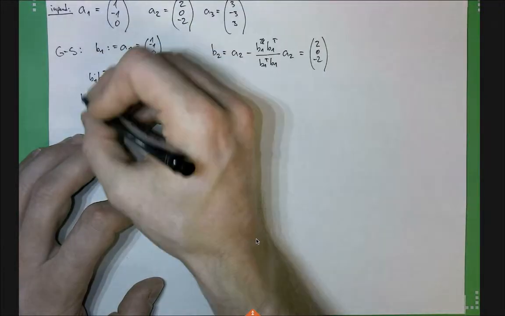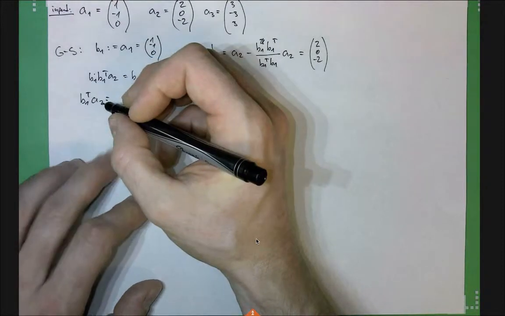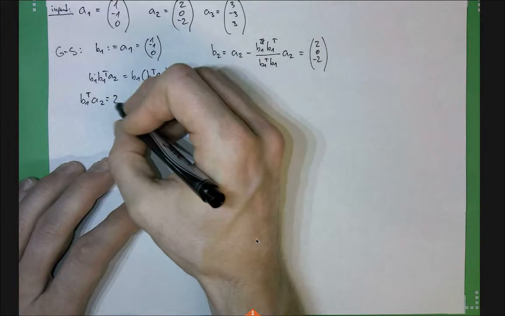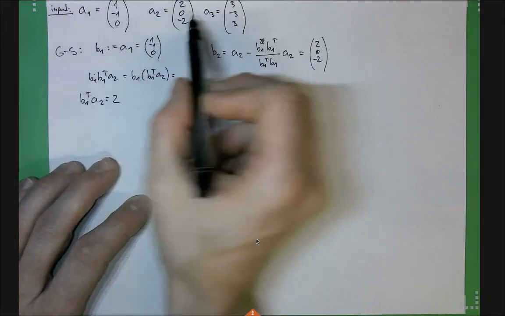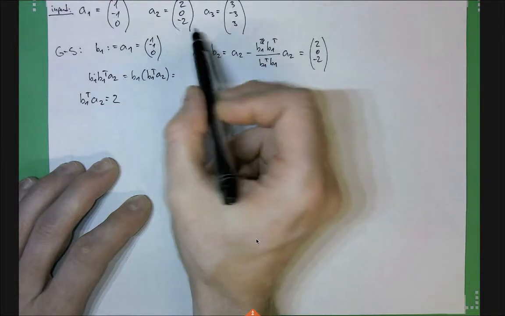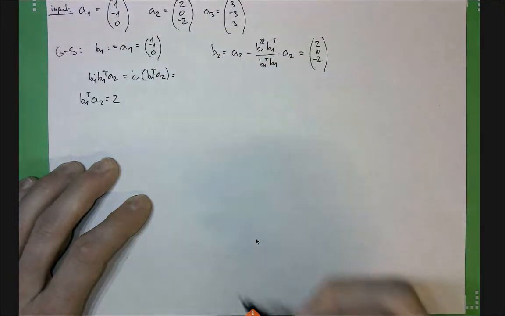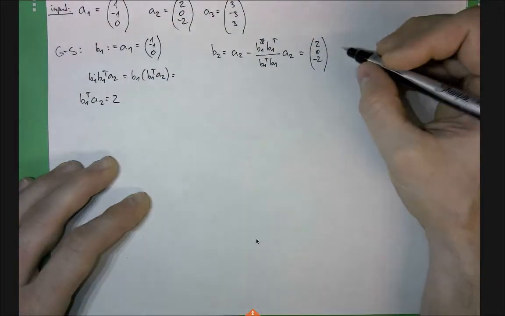If I write it like this, B1ᵀ A2, anybody? Just yell it, that's fine. I think it's 2, right? B1 is this, and this is A2. So that's 2.